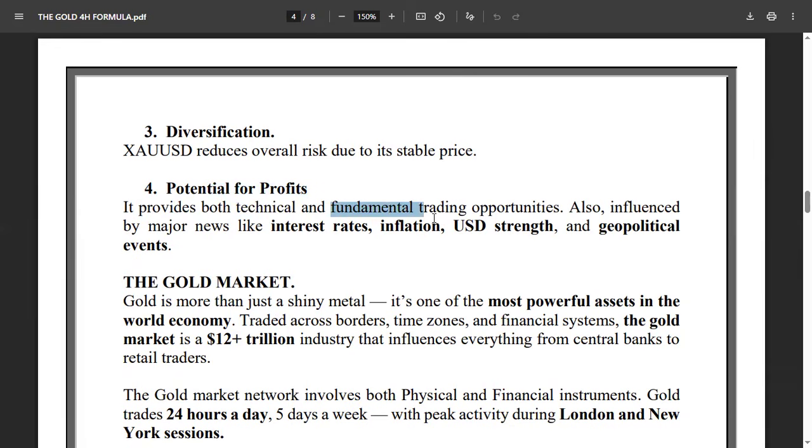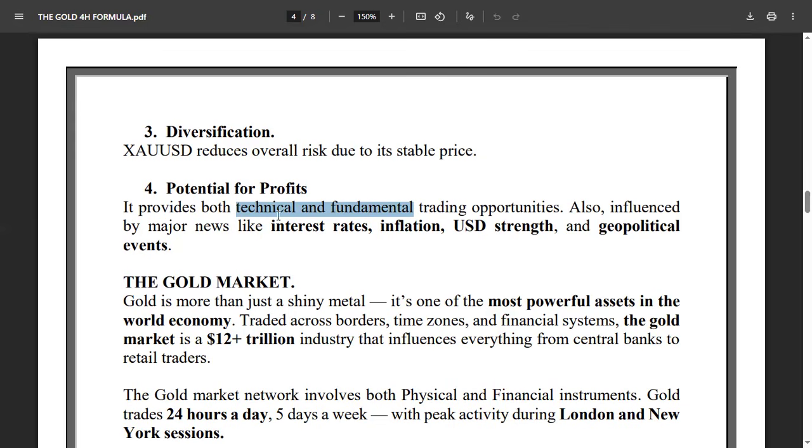Now, the beauty of this program is I'm going to teach you mostly technicals, but we are going to use fundamentals also. So you're going to learn both fundamentals and technicals so that you can be on the right track to know the direction the price of gold is moving.